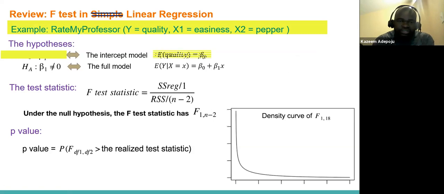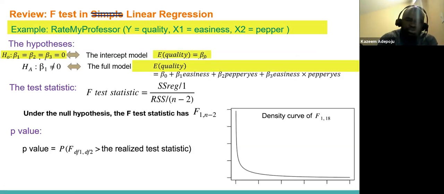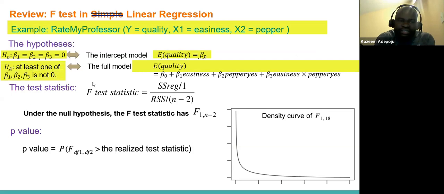Now, just like what we did before, what we are testing in the model is that the intercept model is going to be beta naught. What we're trying to say is that the average quality of a professor is constant. It does not have any connection with easiness, pepper, and the interaction between them.